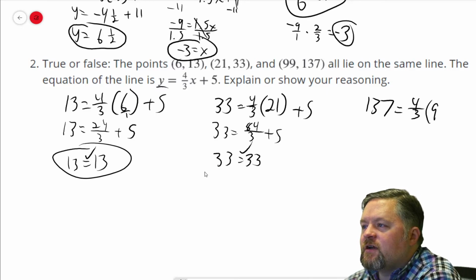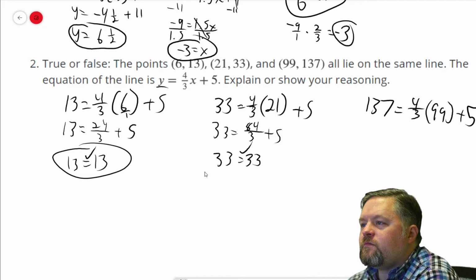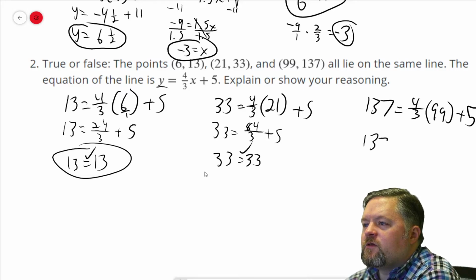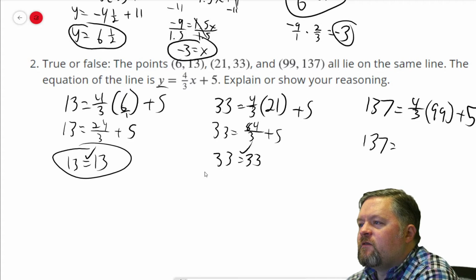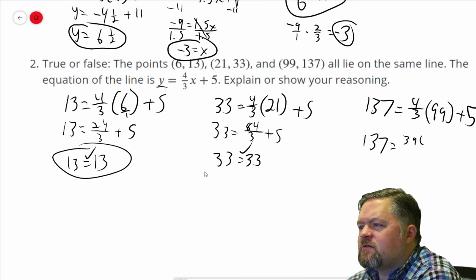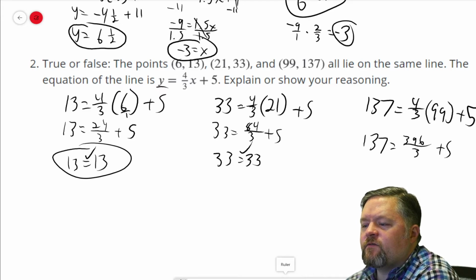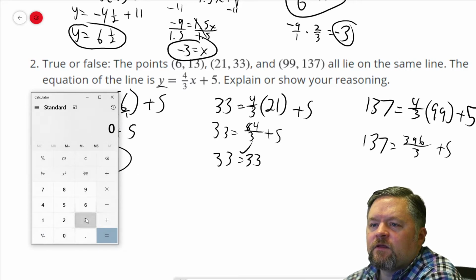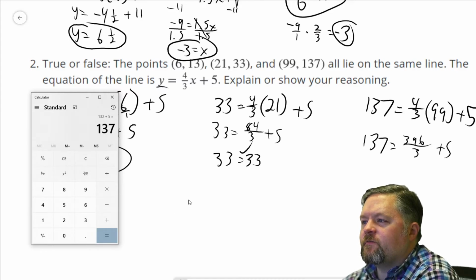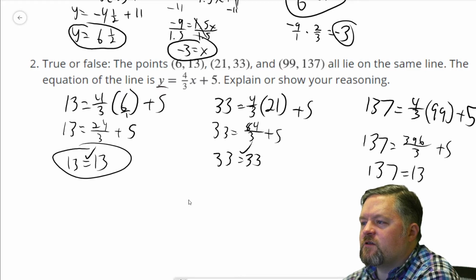That x value is 99 plus 5. 137 equals 4 times 99 is 396 over 3 plus 5. 396 divided by 3 equals 132 plus 5, 137. 137 equals 137.